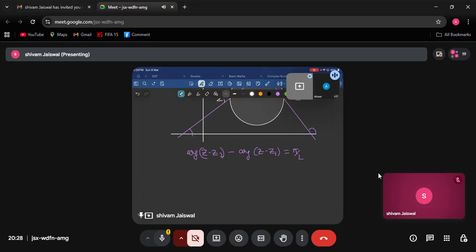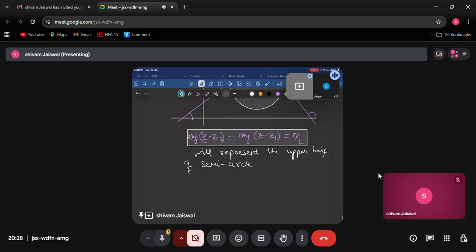Okay, so this will represent only the upper half of the semicircle, right? This will represent the upper half of semicircle. So for lower half, what do we need to do?